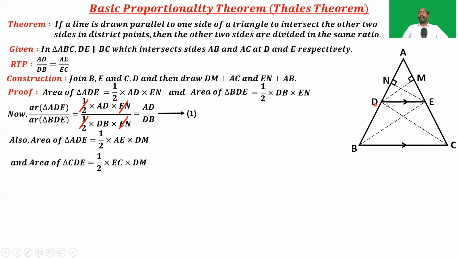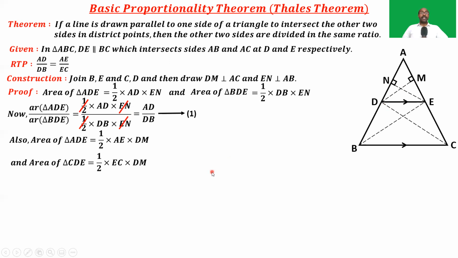So here we have triangle CDE. For the triangle CDE, EC is the base and the corresponding height is DM. So area of triangle CDE is half into base EC into height DM.